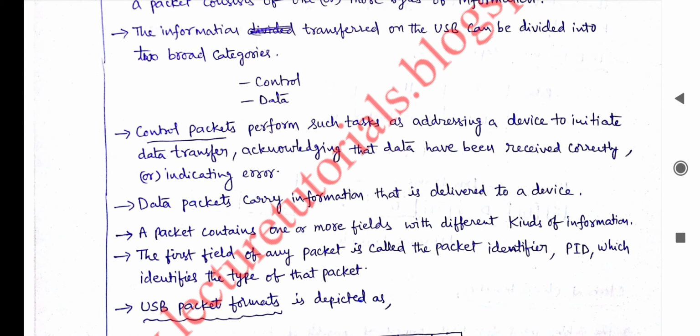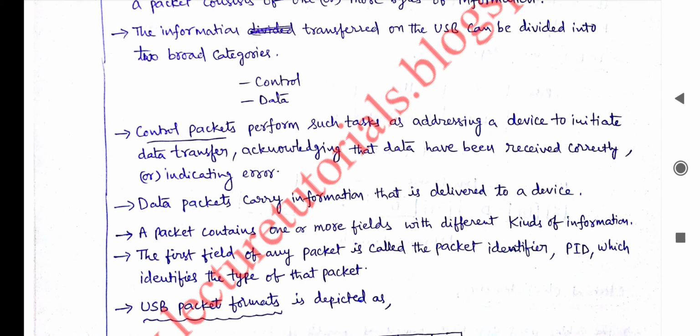See, data packets carry information that is delivered to a device. A packet contains one or more fields with different kinds of information. The first field of any packet is called the packet identifier, that is nothing but PID. The information may be divided into a number of packets, since it is not possible to send the entire information with a single packet.